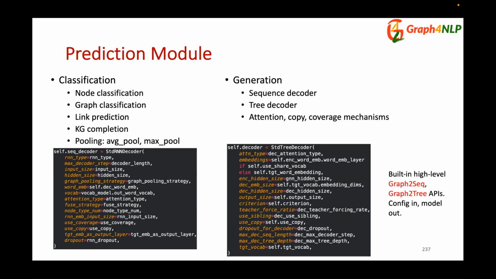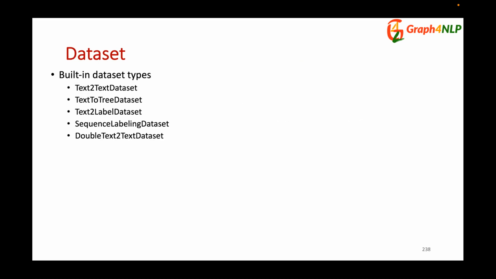By the way, we also provide built-in high-level graph to sequence and graph to tree APIs. This is basically config in, model out. These model level APIs could be easily used for many graph to sequence or graph to tree problems.